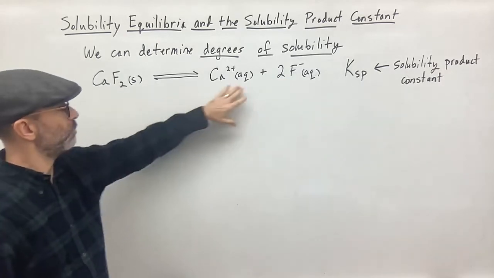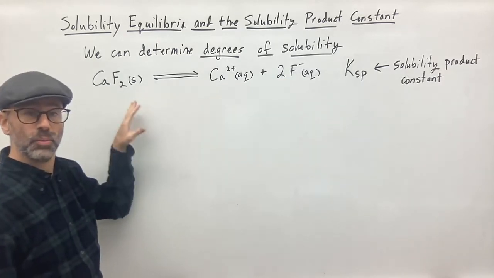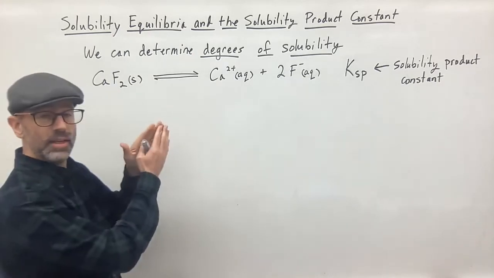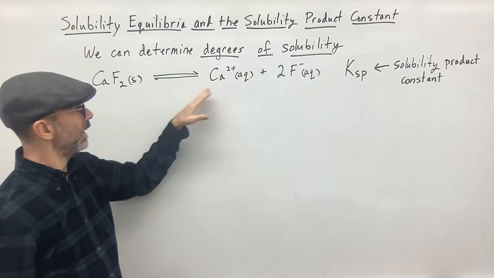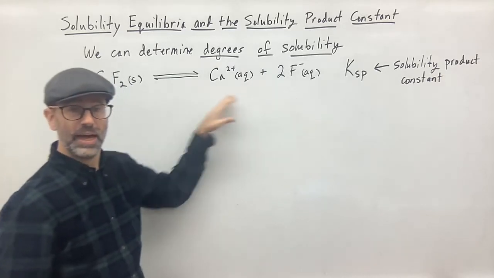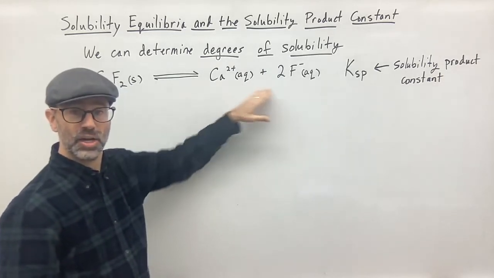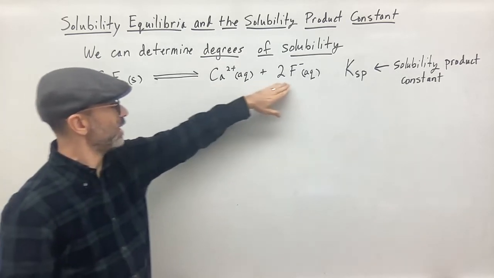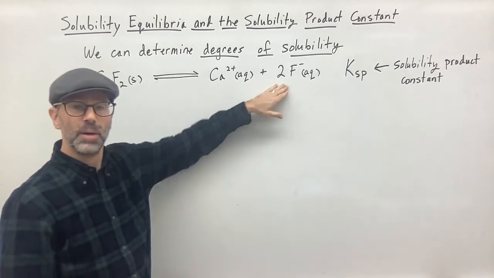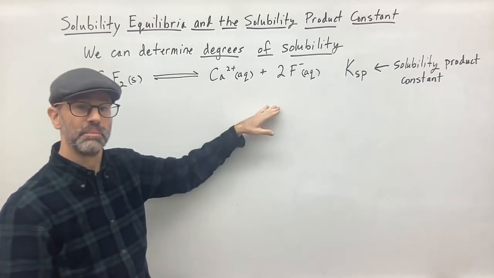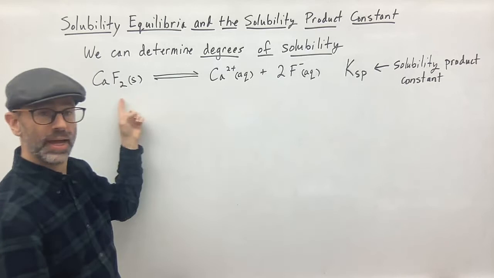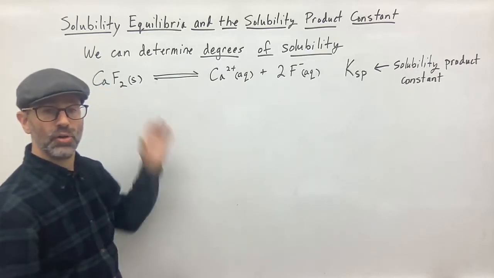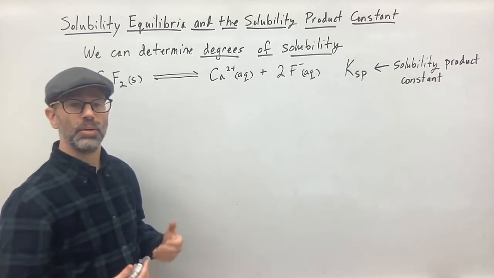Here I'm representing an equilibrium where some of the solid is dissolving such that the ions are coming apart, and so they're being hydrated and separated from each other by the water molecules. We have them as aqueous here, but these ions can come back and reform the solid and become deposited on the solid here.